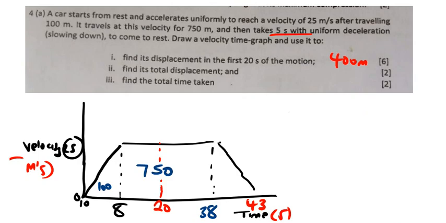Okay, now that we found that, let's go to B, find its total displacement. Okay, so now what will be its total displacement? So it means we're adding the 100 that we have. What other displacement do we have?